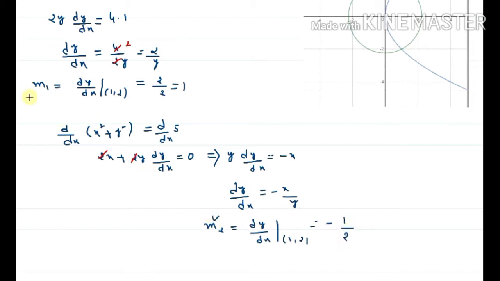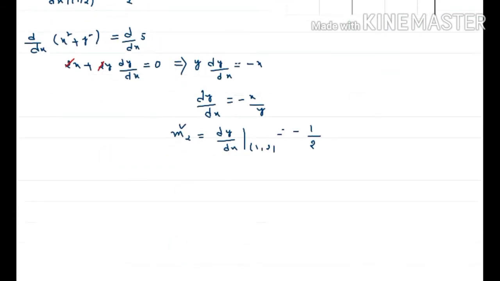So after getting m1 and m2, now substitute in the tan theta formula. Already you know the tan theta formula. Tan theta is equal to mod of m1 minus m2 divided by 1 plus m1 m2.